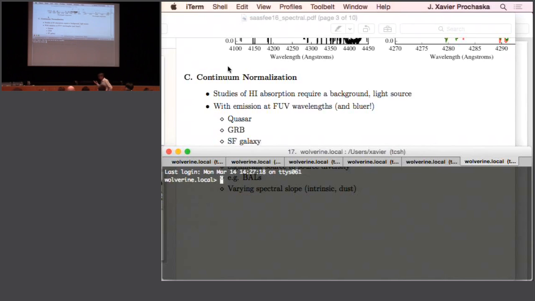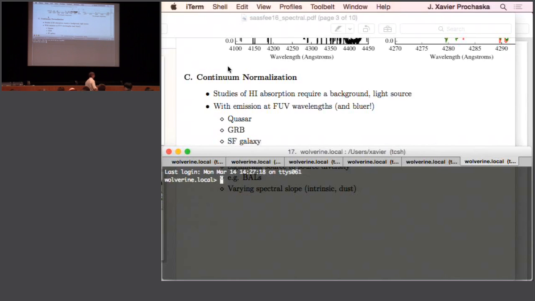But gamma ray bursts also emit at far ultraviolet wavelengths. Even a star-forming galaxy has flux at Lyman-alpha, as you all know, and beyond that as well. So there are other sources in play. So we need this background source in order to measure the absorption, but we don't really care about the background source in order to measure the absorption.